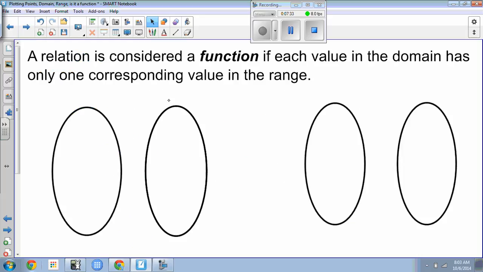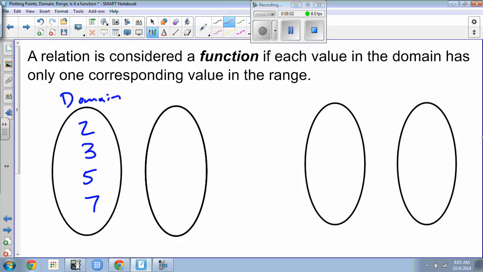A relation is considered a function if each value in the domain has only one corresponding value in the range. Let's give you an example of a function. Let's say we have a relation, a set of points, and maybe it's got a 2, a 3, a 5, and perhaps a 7. This is our domain.